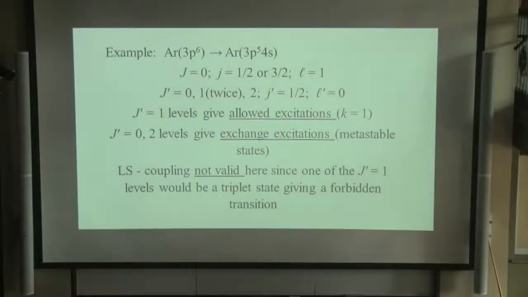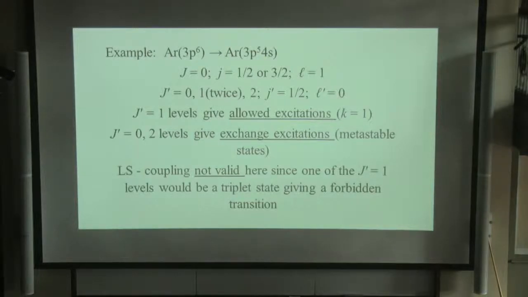So if you excite the 4s state, there are 4 levels. 2 of them are metastable. 2 of them have allowed transitions to the ground state. And the thing to point out here is that LS coupling is not valid even here. This is quite a light atom. But if LS coupling was strictly valid, then one of the J equals 1 states would be a triplet.